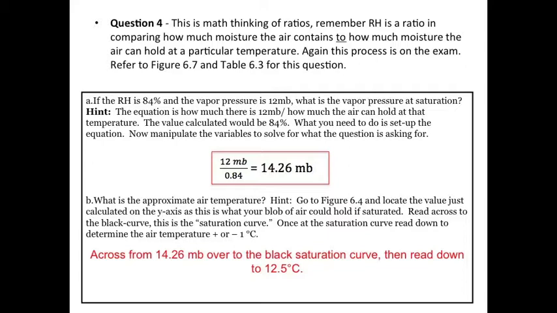Once at the saturation curve, read down to determine the air temperature to plus or minus 1 degree Celsius. So this would be across from 14.26 millibars over to the black saturation curve, then read down to 12.5 degrees Celsius.